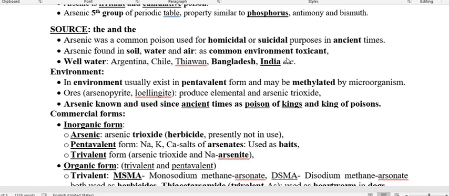In India, a few places in the country have a high level of arsenic in groundwater, and these may be regions where arsenic toxicity can occur.